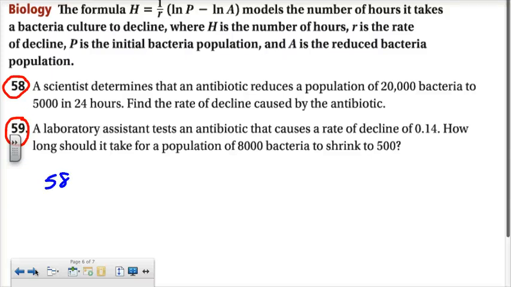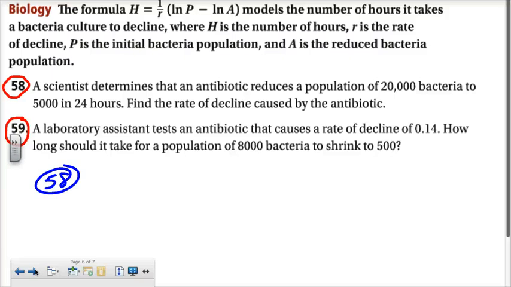So we could do some manipulation here and do a little condensing, but I would think most people would just like to use the formula and put everything in. So this says we have a scientist that determines that an antibiotic reduces a population of 20,000 bacteria to 5,000 in 24 hours. Find the rate of decline caused by the antibiotic.